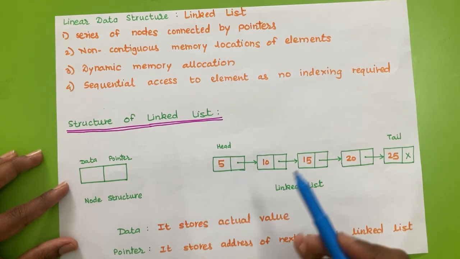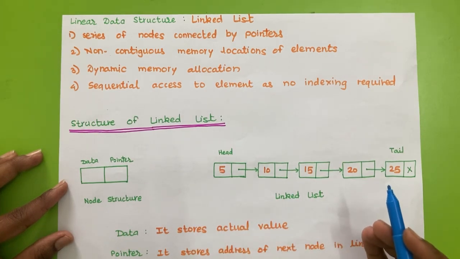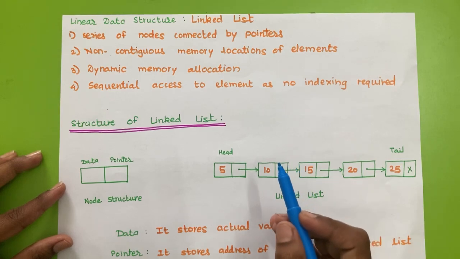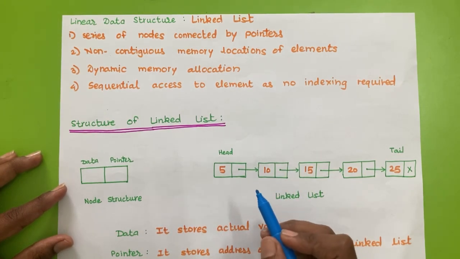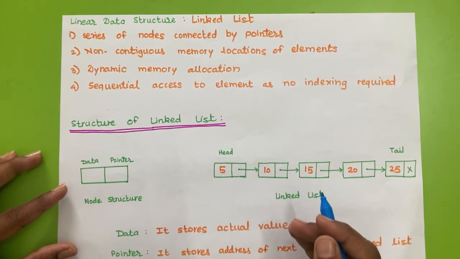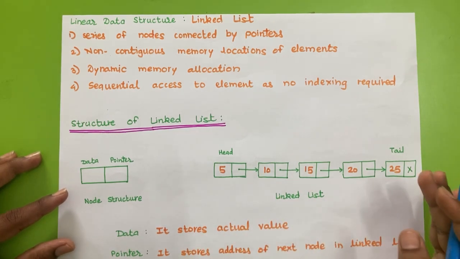As we have seen, in the case of arrays the elements are stored in contiguous memory locations. Means the first element is present at location 516 in the case of an integer array, then the second element will be present at location 518. These are stored contiguously.